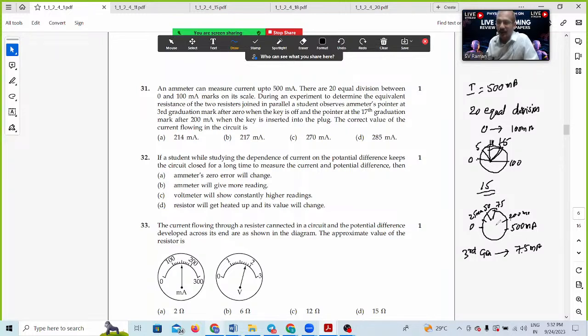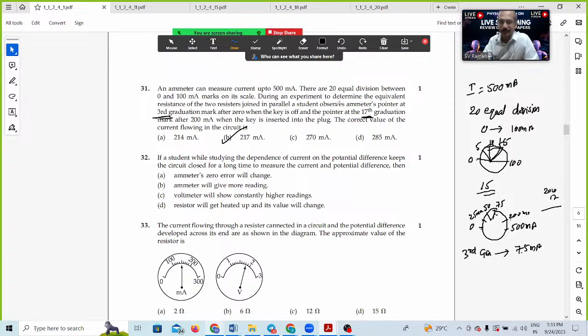This is for 75, the third graduation mark after 0. There is something like an error in this ammeter. Now, when the key is off and the pointer is at the 17th graduation mark after 200 milliamperes, it is 200 plus 17, which is 217. That is the answer.